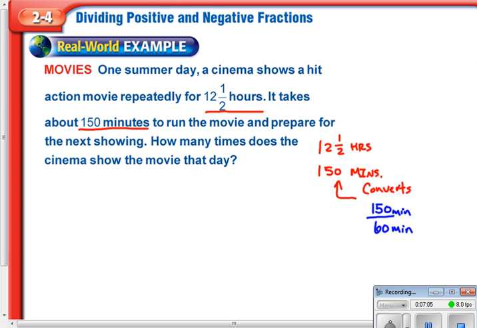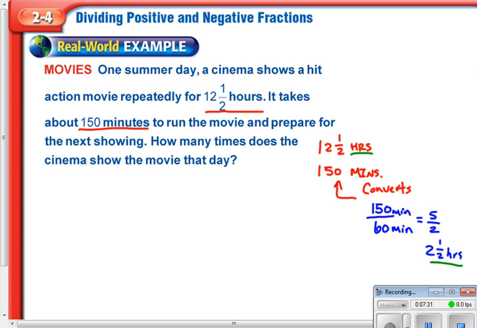When I reduce that fraction, I would wind up with 5 halves. Okay, 5 halves is basically 2.5 hours. So there's your conversion right there. Now we're comparing apples to apples here. We have hours and we have hours.